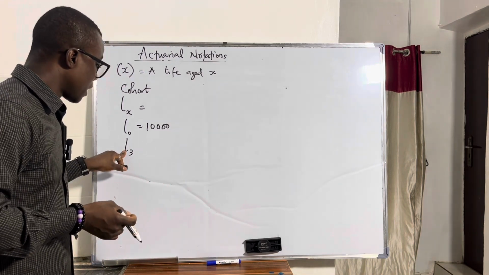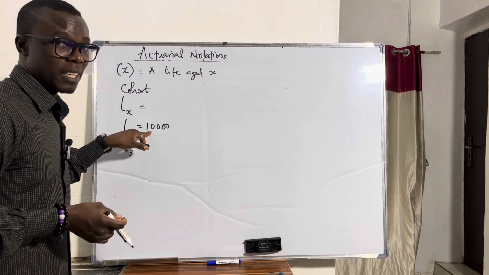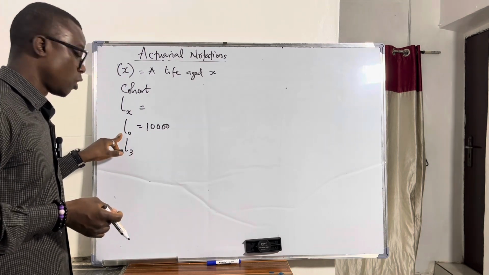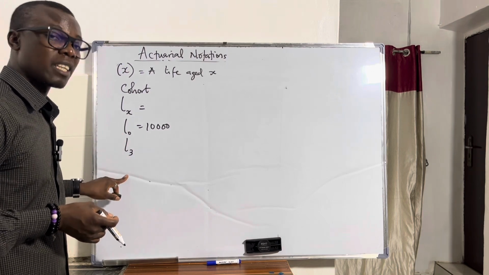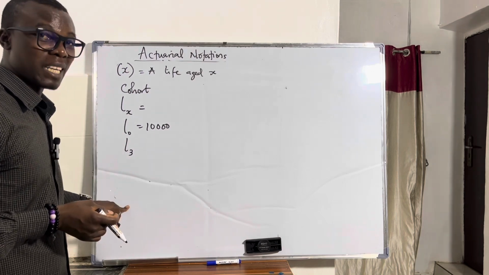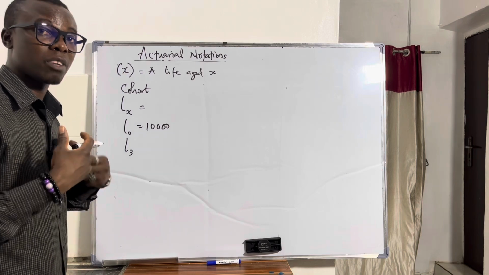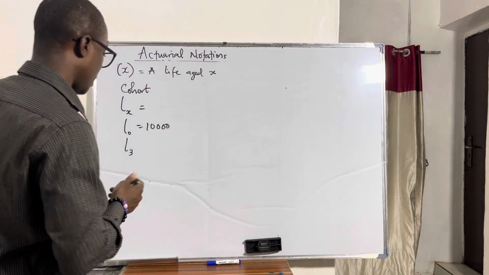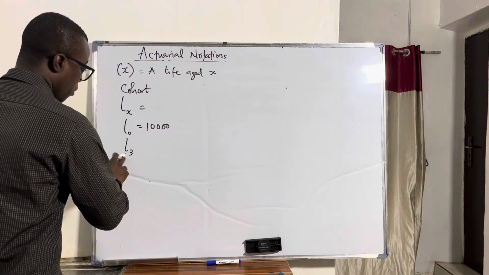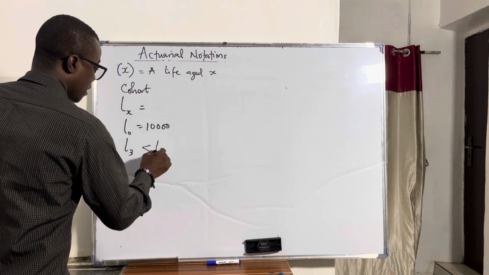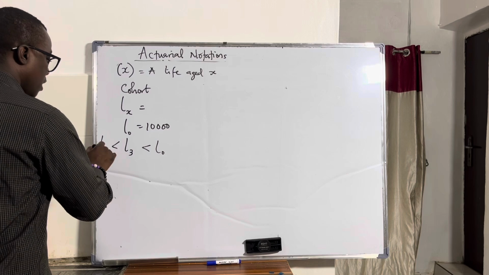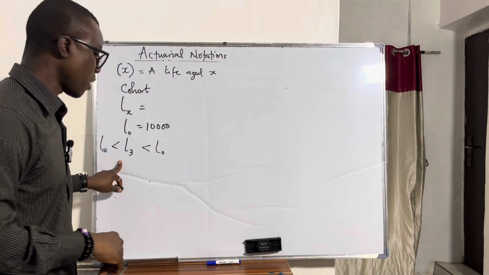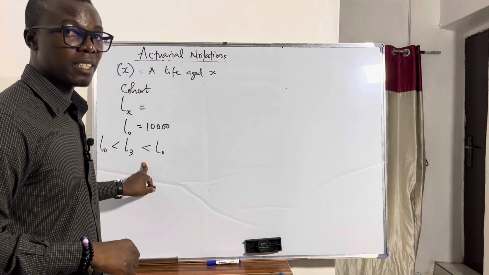So we don't expect that L3 will be more than L0, right? As the age keeps increasing, the number keeps getting smaller because some would have died already. So L3 will be less than L0, and it goes that way. We can have L10, which will be less than L3, and L3 will be less than L0.